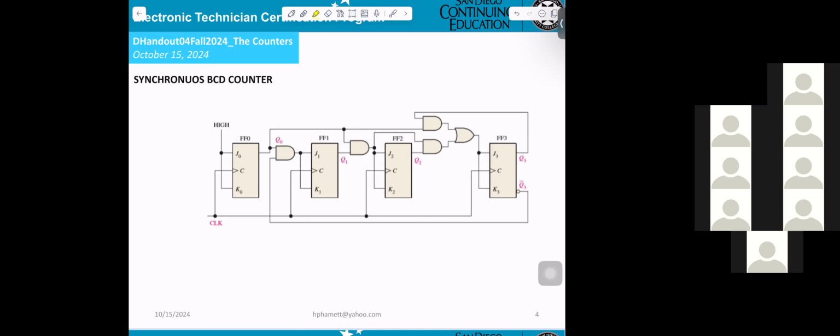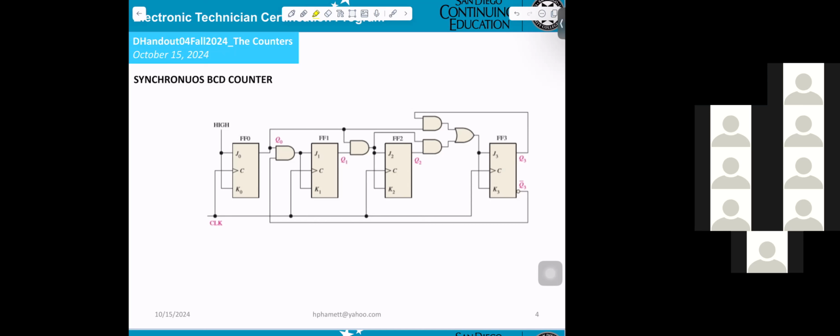That's a ripple. The synchronous one actually goes into both 7476s, in the JK and also in the D. So it's different in how it goes in and comes out.